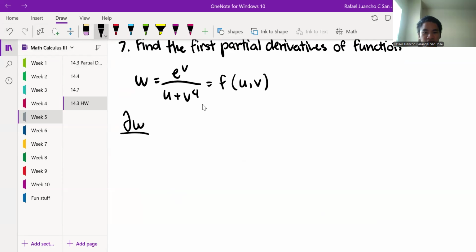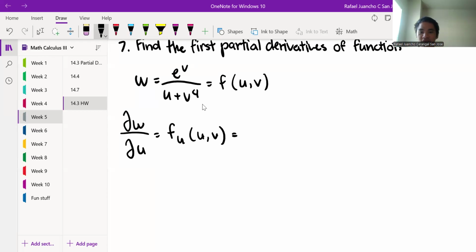Okay, now the first thing it's asking for is a derivative of w with respect to u. And so here I'm just doing f sub u of this thing. I'm just translating the problem. So here I make v a number, right?